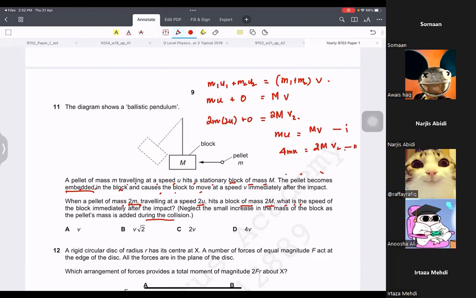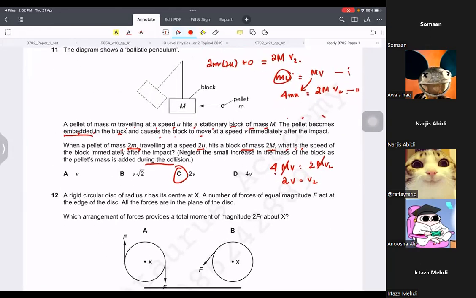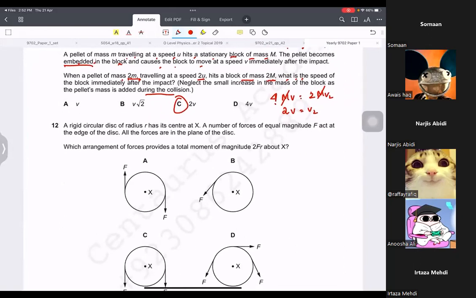Now mu can be replaced with mv, so 4mv equals 2m v2. The m's cancel, and 4 divided by 2 is 2, so v2 equals 2v. I think it should be 2v. So you can check the answer, please, and confirm this, because this is quite simple. I don't know why this is even a question.